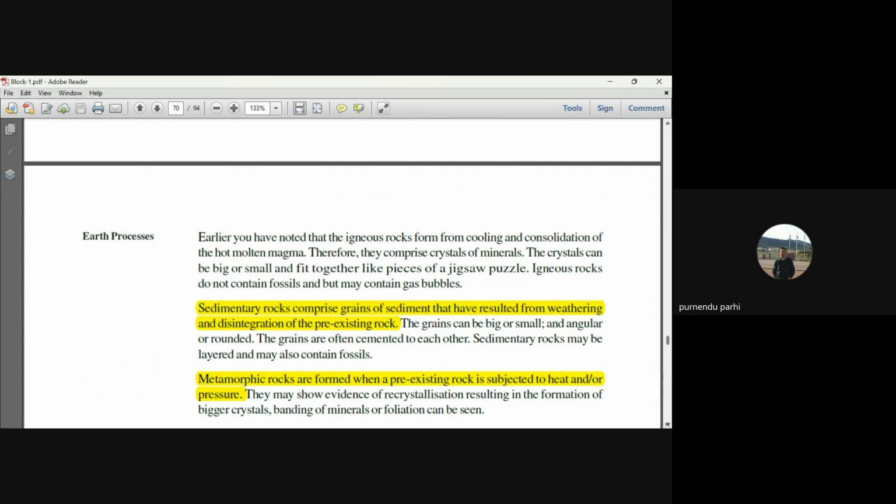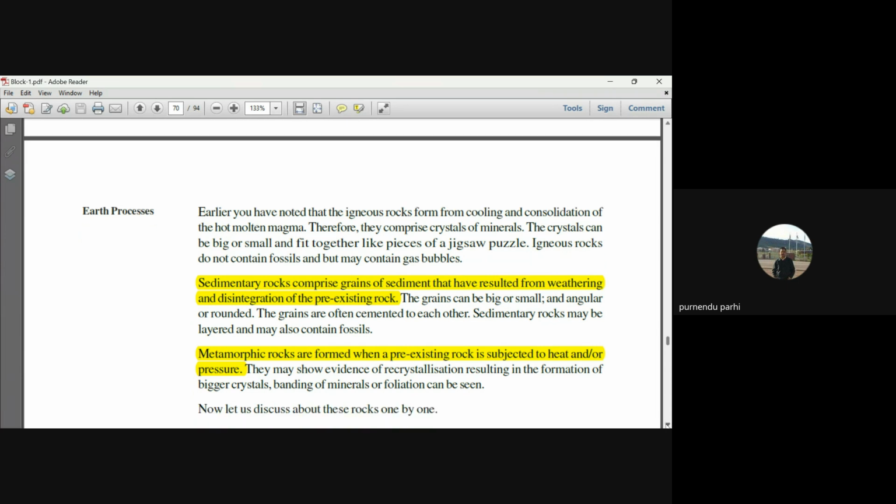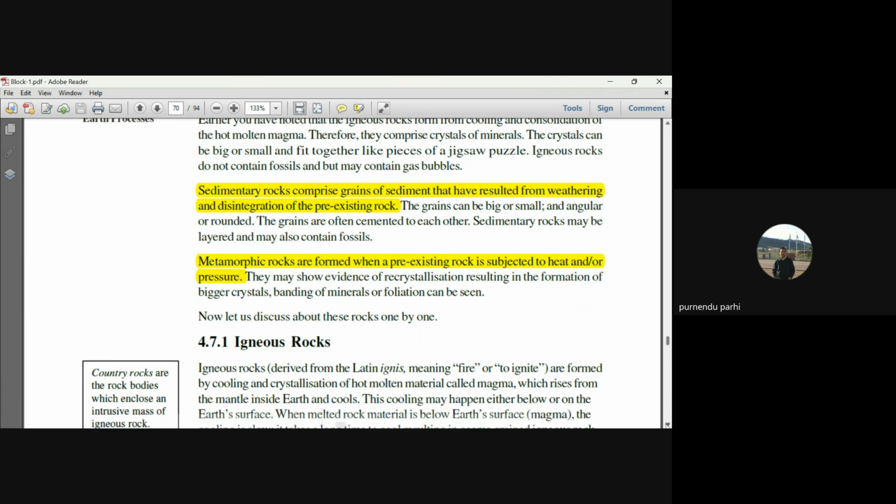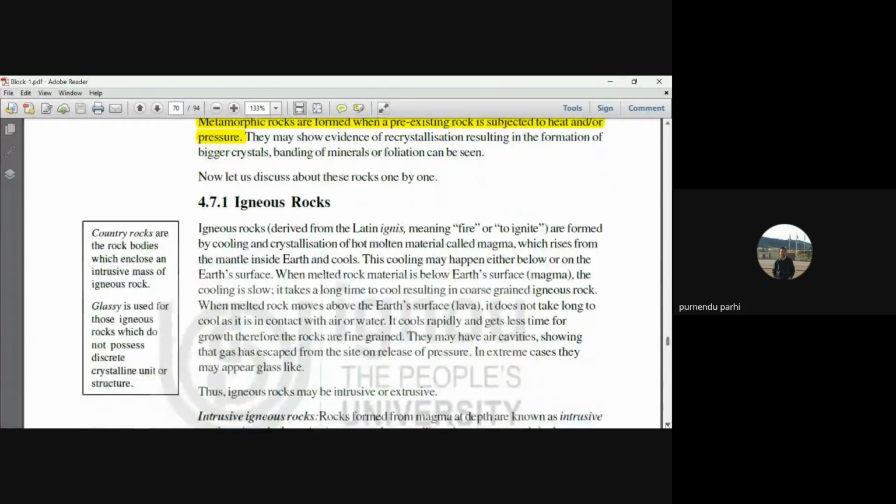Sedimentary rocks may be layered and may also contain fossils. Metamorphic rocks are formed when a pre-existing rock is subjected to heat and or pressure. They may show evidence of recrystallization resulting in the formation of bigger crystals, bending of minerals, or foliation can be seen.